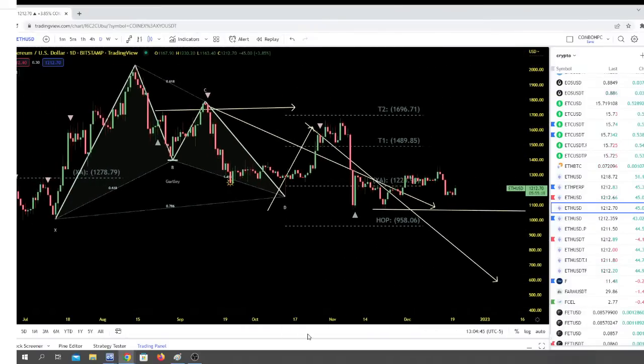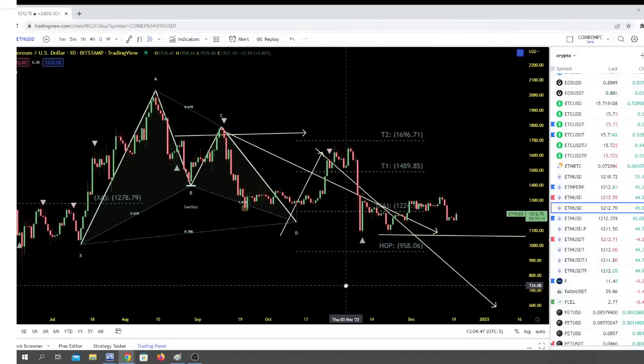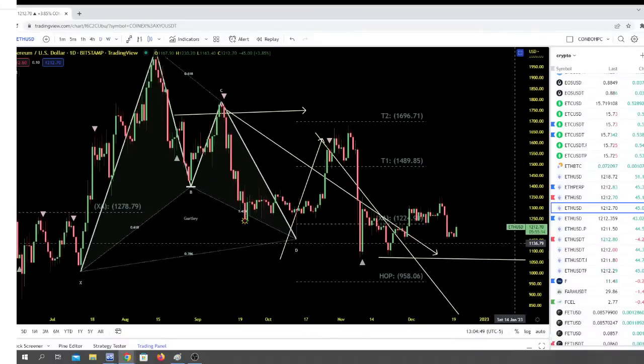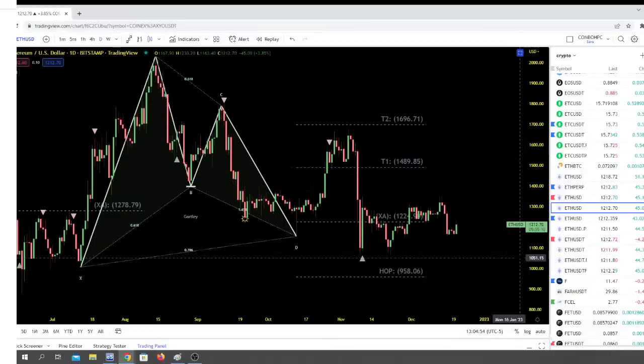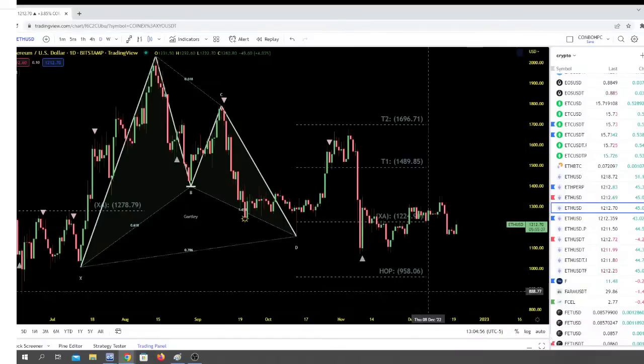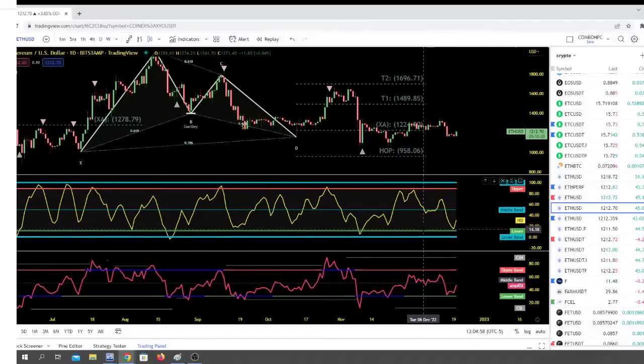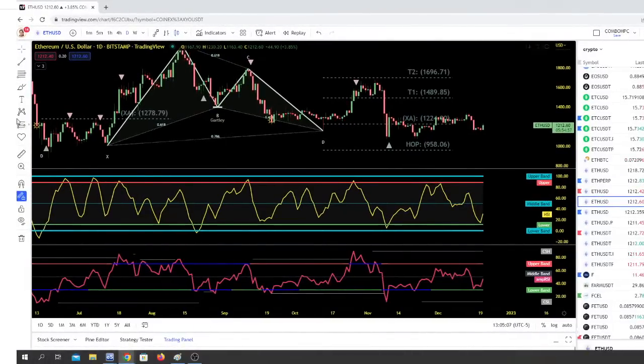That's on the Bitstamp feed, by the way. And I don't expect much from this. I actually think this is going to make its way down to the hop. You almost registered an HSI, but I just think it's losing its mojo.